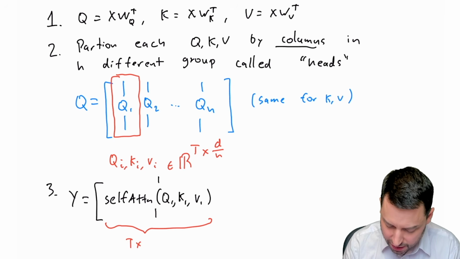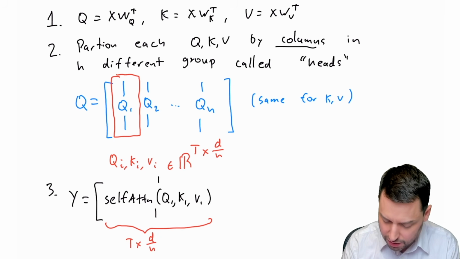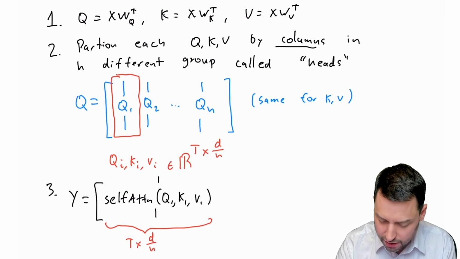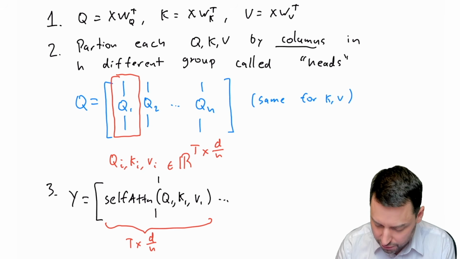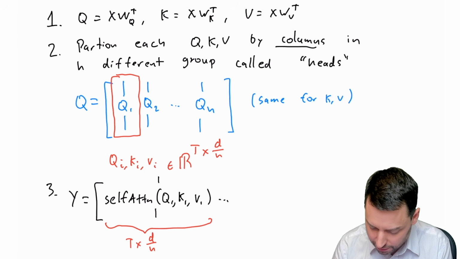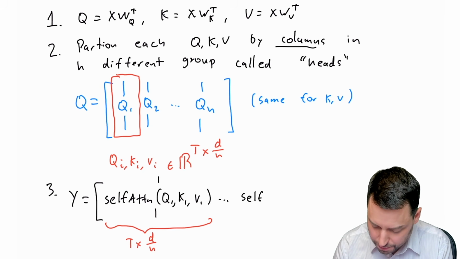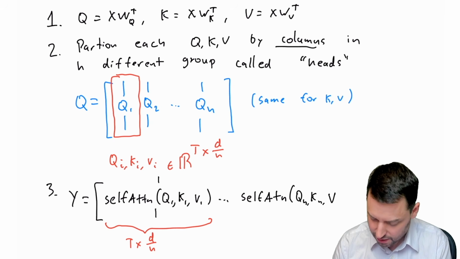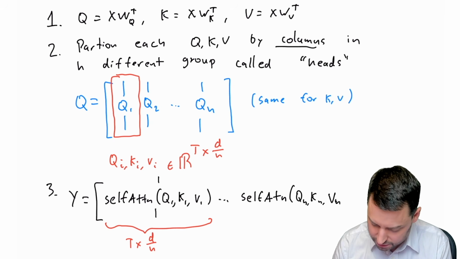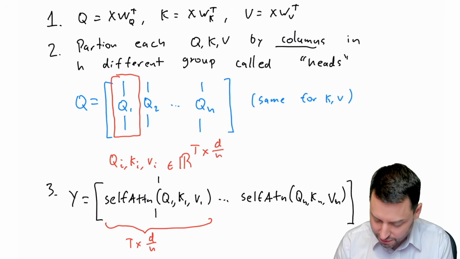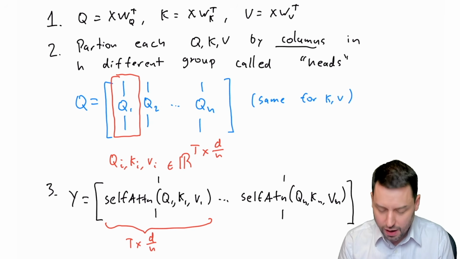So this would be a T by D over H block. The next block would be the same thing for 2, and the last block would be self-attention applied to Q_H, K_H, and V_H.